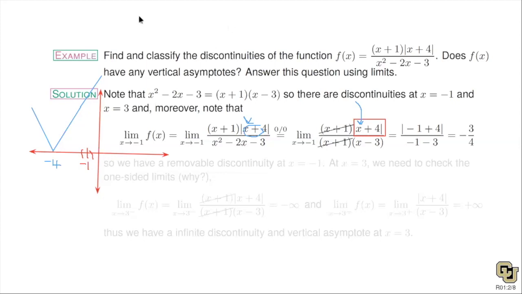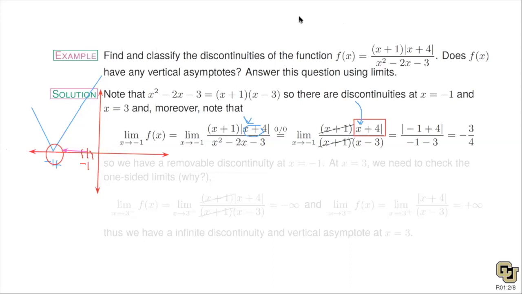If I was taking a limit as x approaches -4, then I would be very careful and look at a limit from the right separately from a limit from the left, because at -4, the absolute value changes its definition.